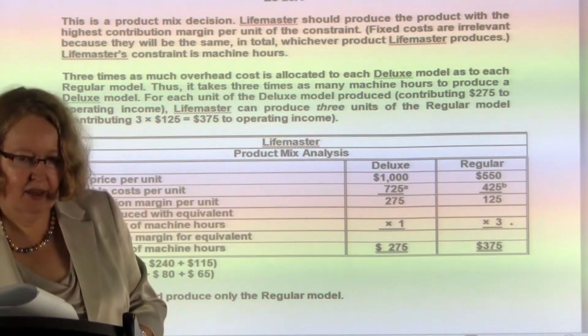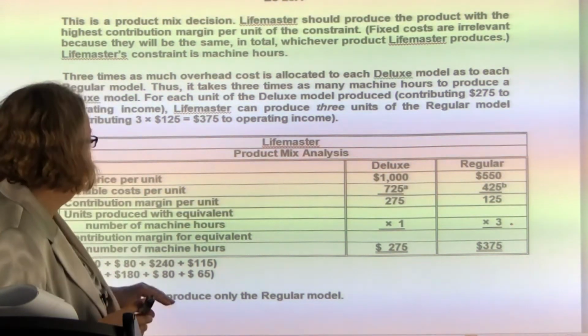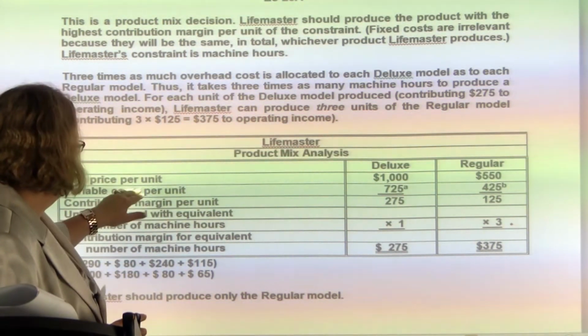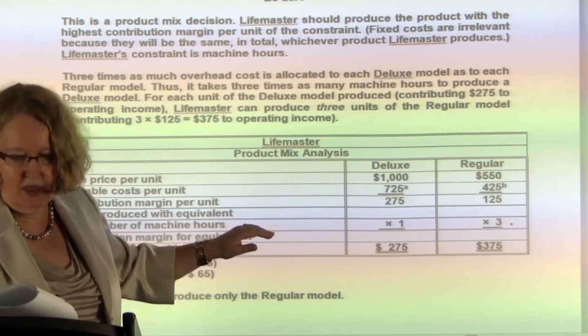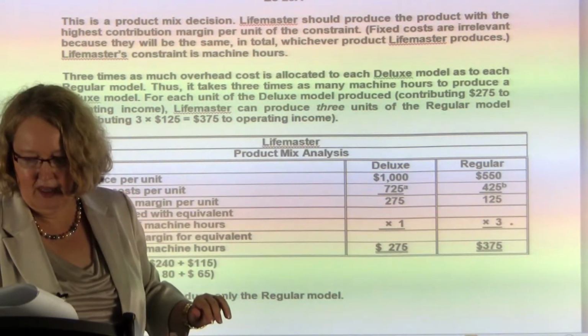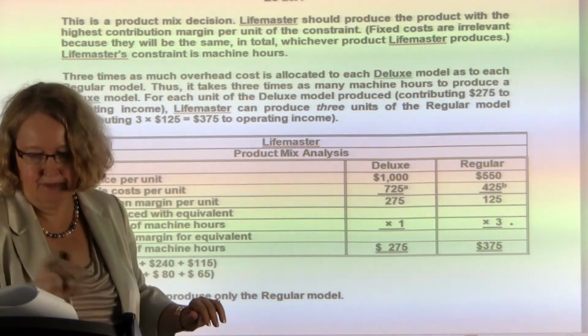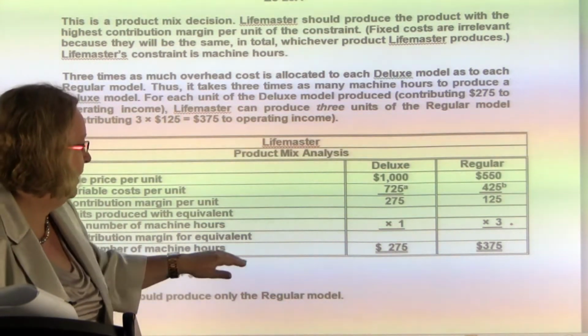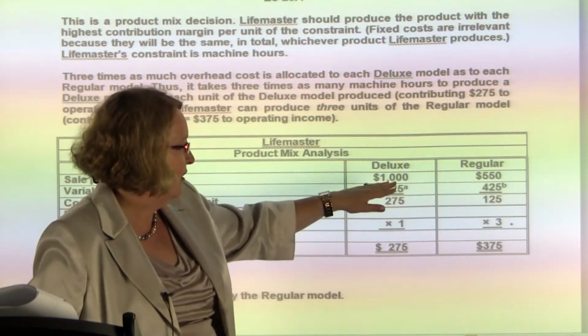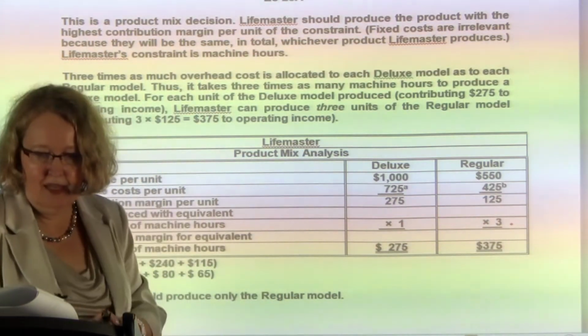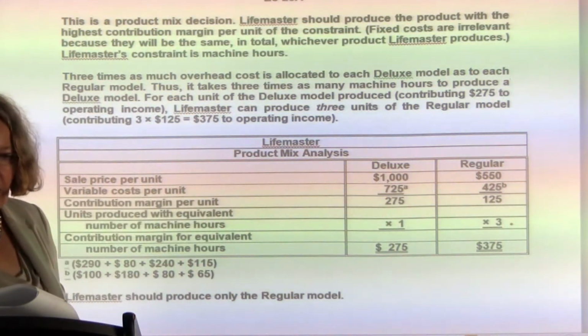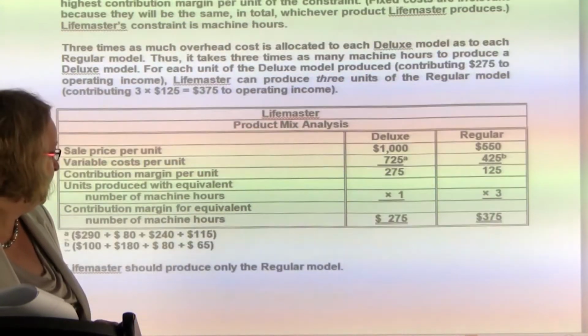So what we're doing here is we're looking at the sales price per unit, which you are given in this problem. So it's deluxe is $1,000, regular is $550. So now the next thing you want to look at, what is your variable cost per unit?